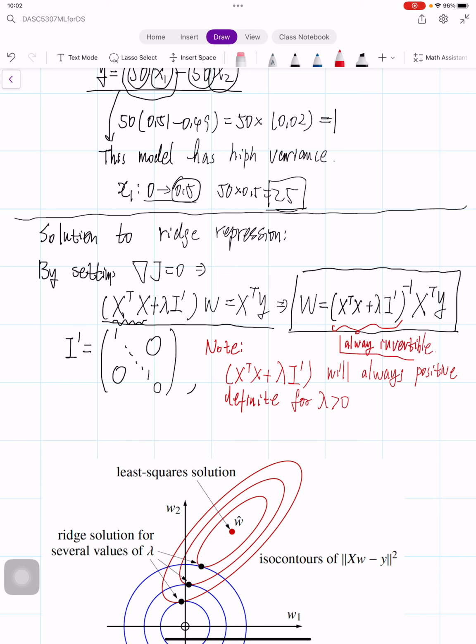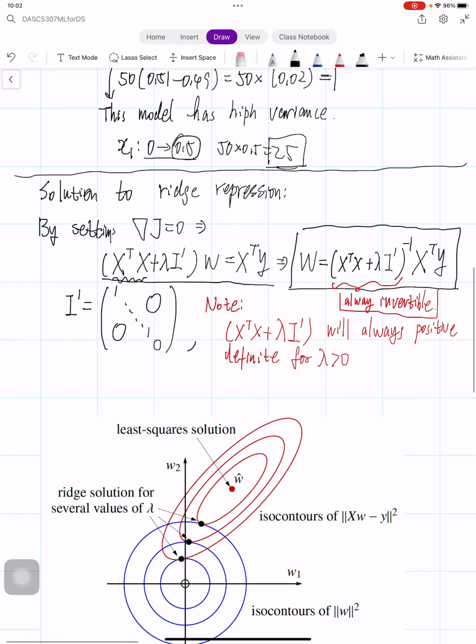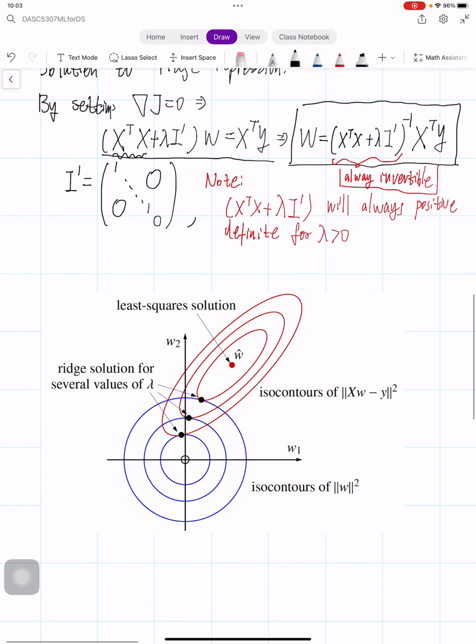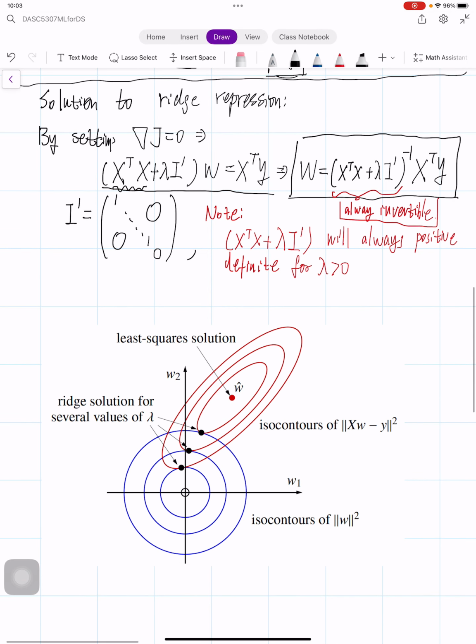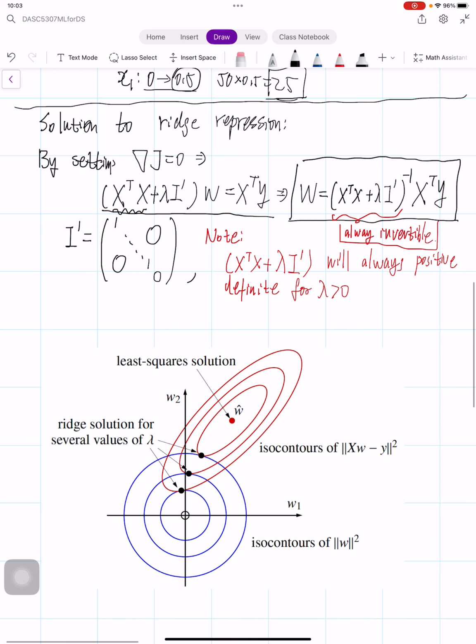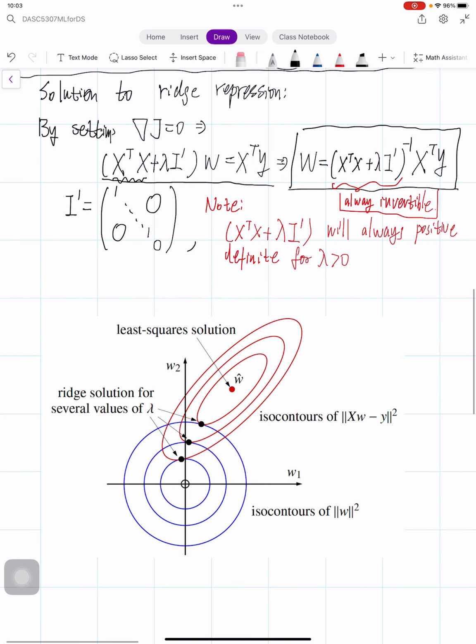Okay, so ridge regression will always give us some solutions. Maybe let's see what the solutions for this minimization look like. First, let's check the contour plots for the original cost function for linear regression.